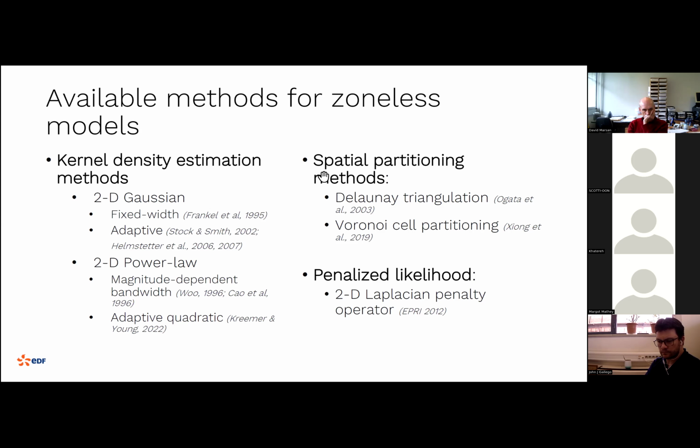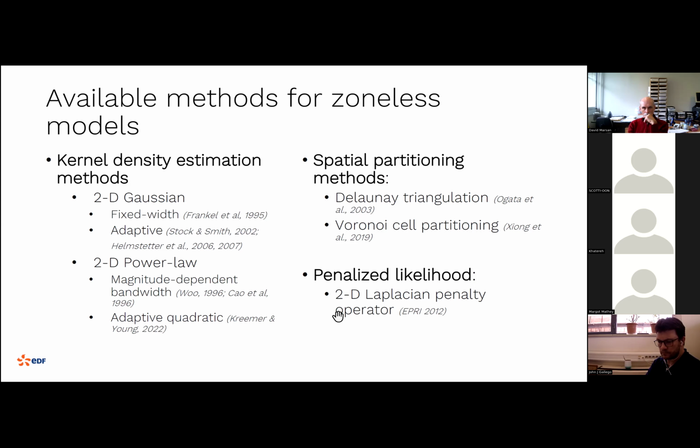You have different approaches based on spatial partitioning methods, like the Delaunay triangulation or Voronoi partitioning, for example, or approaches that are maybe more complicated, but also worth mentioning, based on the modified likelihood approach, where you try to estimate the rates over a grid, but you constrain the spatial distribution of your rate to be smooth enough.